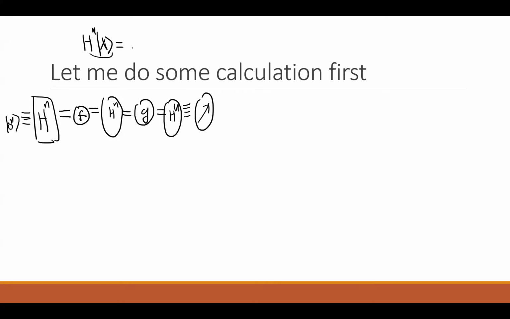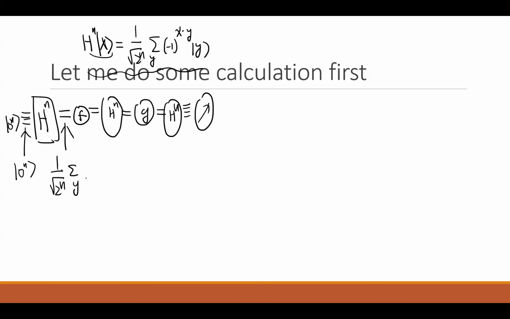When you apply Hadamard to x, you get 1 over square root 2 to the n, summation of y, minus 1 to the x dot y. This is the only identity that you need to remember. So applying this to 0 to the n, you get 1 over square root 2 to the n, summation y, x dot y.